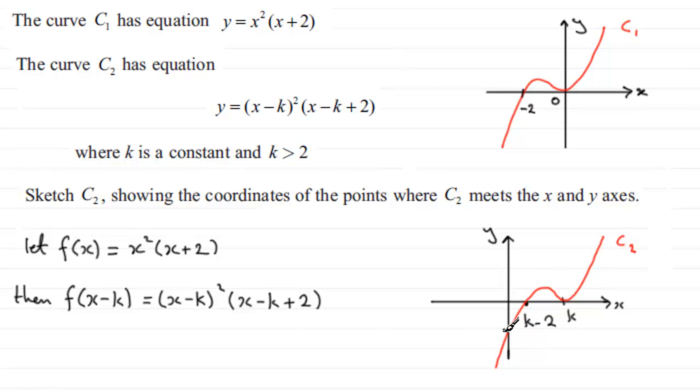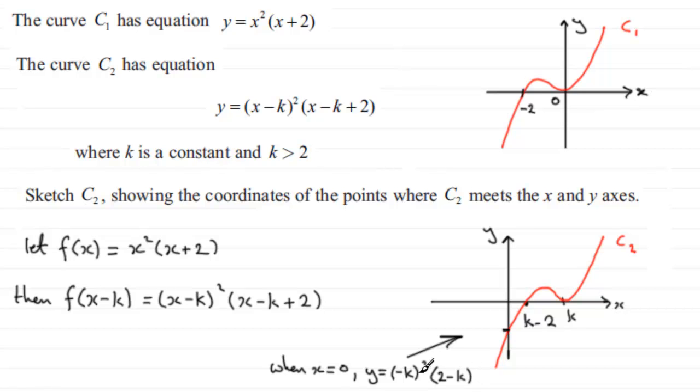Well, for this point here, this is going to be when x equals 0. So if we see what we get when x equals 0, you can see that y would equal (minus k) all squared, so we'll just put this down, y equals (minus k) all squared, and then you've got multiplied by minus k plus 2, or 2 minus k, it would look better, I feel, 2 minus k.